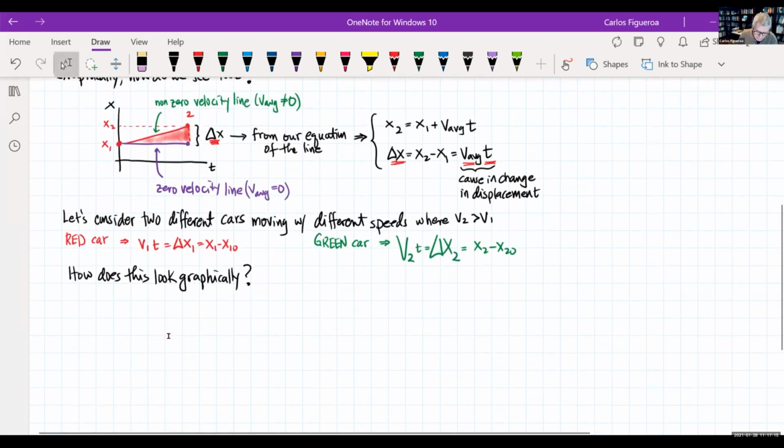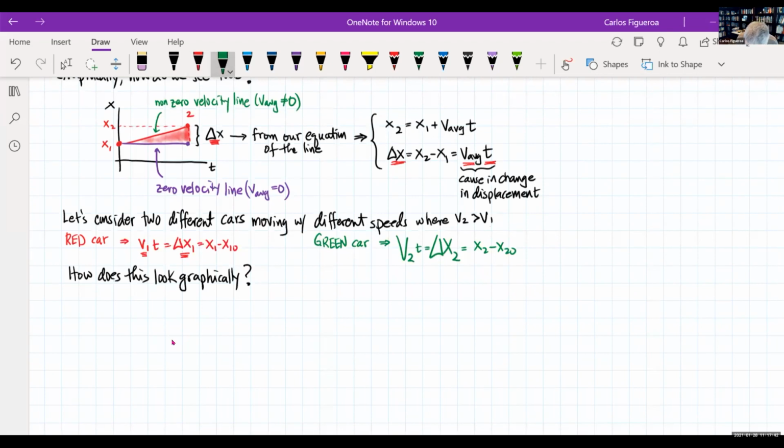So what I want to do here is that I want to consider two different cars, a red car and a green car, and they both have different speeds. So it turns out that the green car is moving faster than the red car. So because the velocity is smaller, I'm going to have a smaller change in displacement, or a smaller displacement.